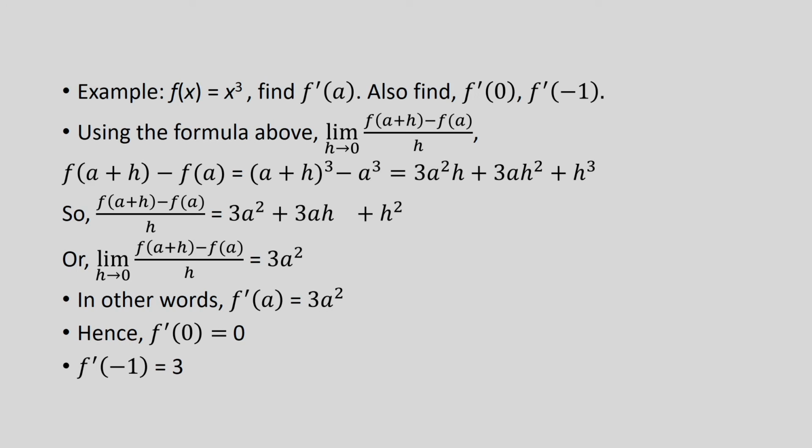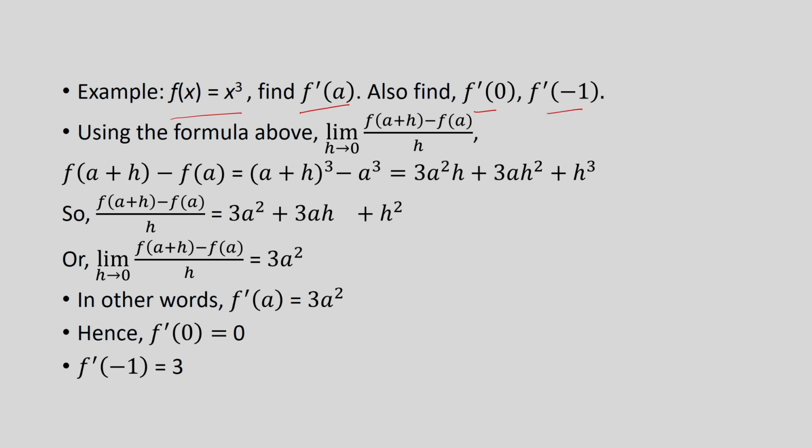So, here is an example. Suppose the function is given, f x is equal to x cube. We have to find f prime of a, where a is any constant which belongs to the domain of the function, and then we have to find f prime of 0 and f prime of minus 1.